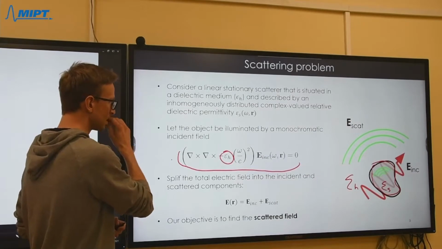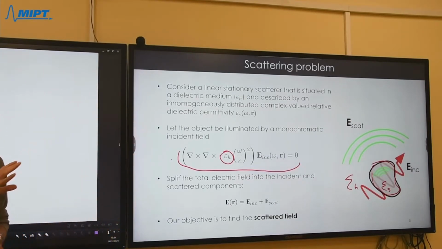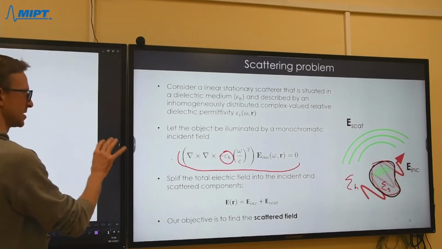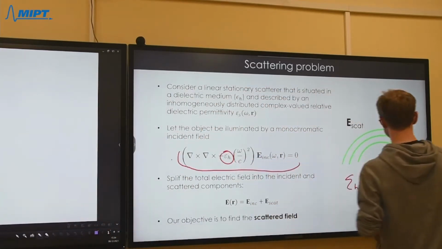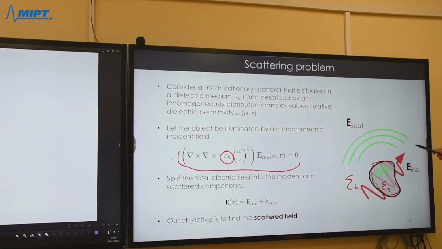Okay? So now our objective for today's lecture and for the entire spring term is actually to find the scattered fields, the additional fields produced by this object. When the incident fields hit that object, it induces certain currents, charges, polarization in that object, and these currents start radiating.